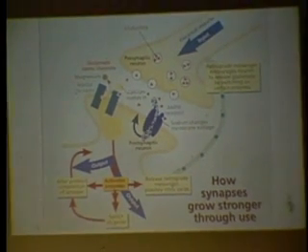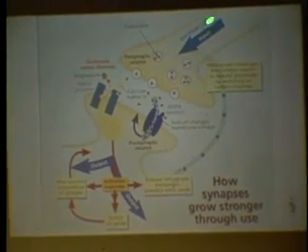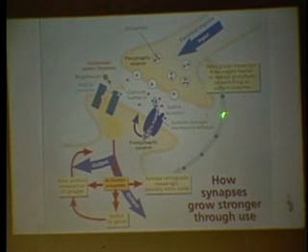Now we have an electrical impulse coming down a nerve fiber as it approaches the presynaptic terminal. We have some calcium out here. And we have what in here? Neuromodulators?